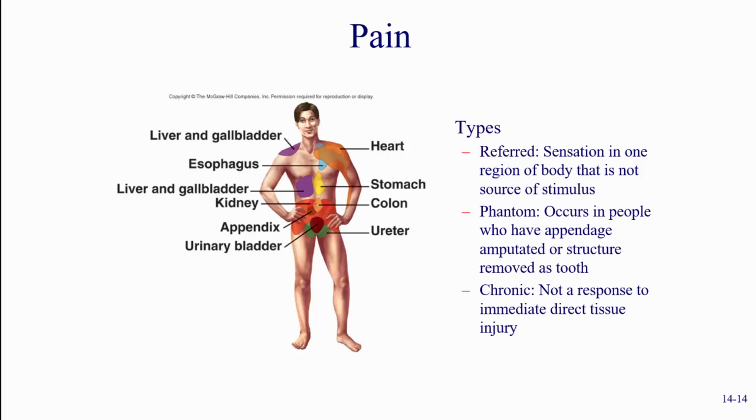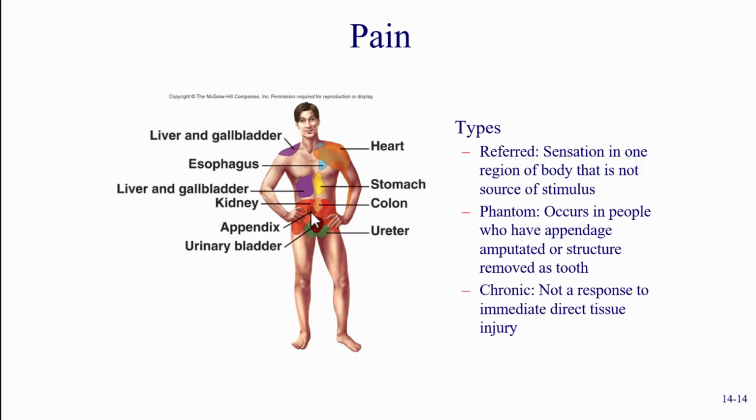In females, it can be a little scarier because the symptoms don't follow what we normally think of as heart pain. Also, up in the left chest area, we can have referred pain from the esophagus. Stomach, well, that's about where the stomach is. Colon's about where the colon is.